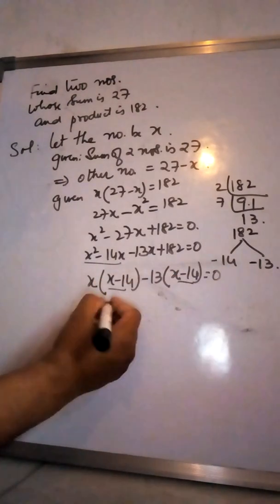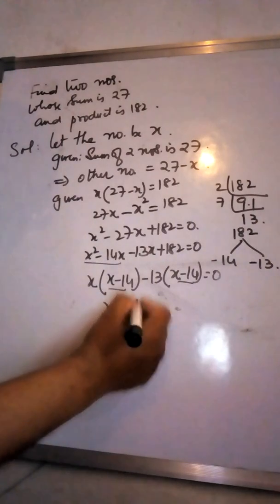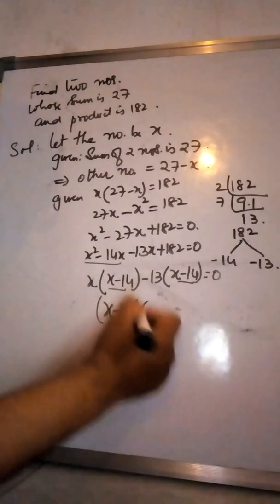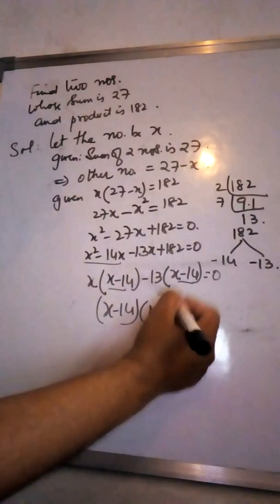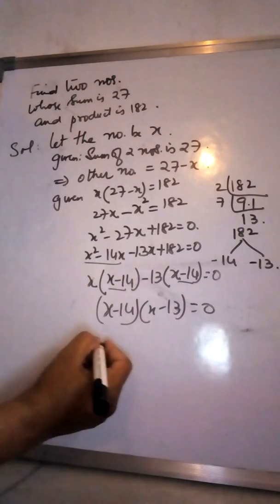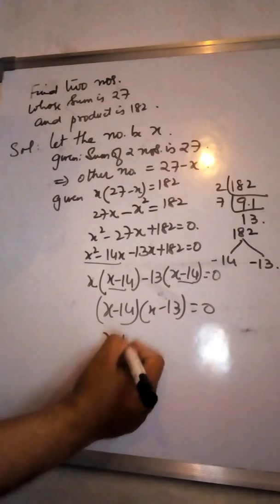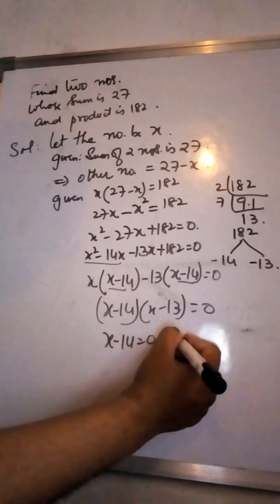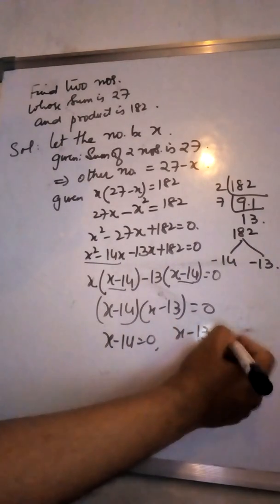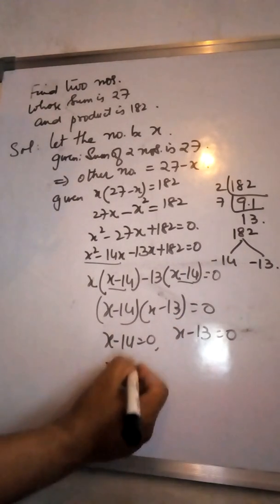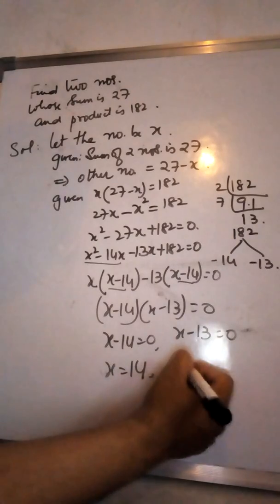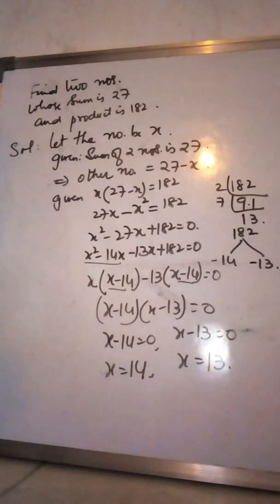Now x minus 14 is common; here x will remain, here minus 13 will remain. So x minus 14 is equal to 0 and x minus 13 is equal to 0. So x is equal to 14 or x is equal to 13.